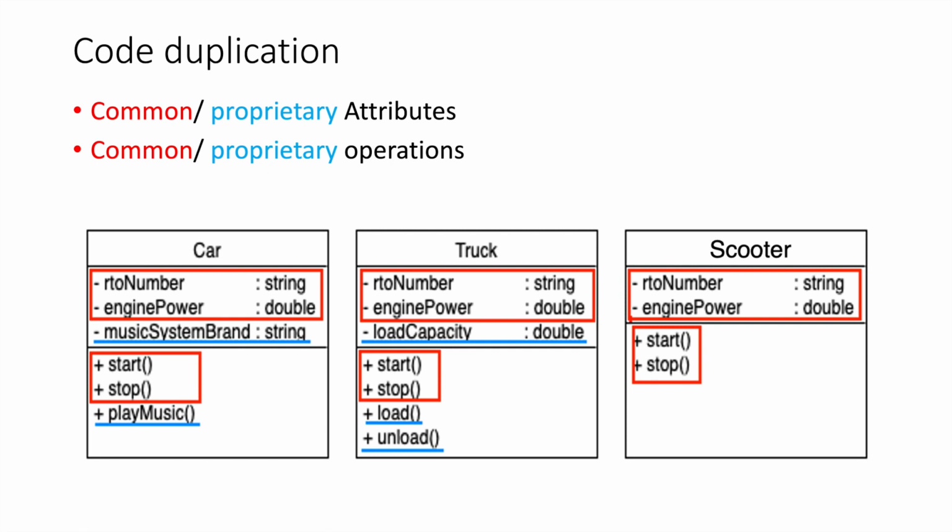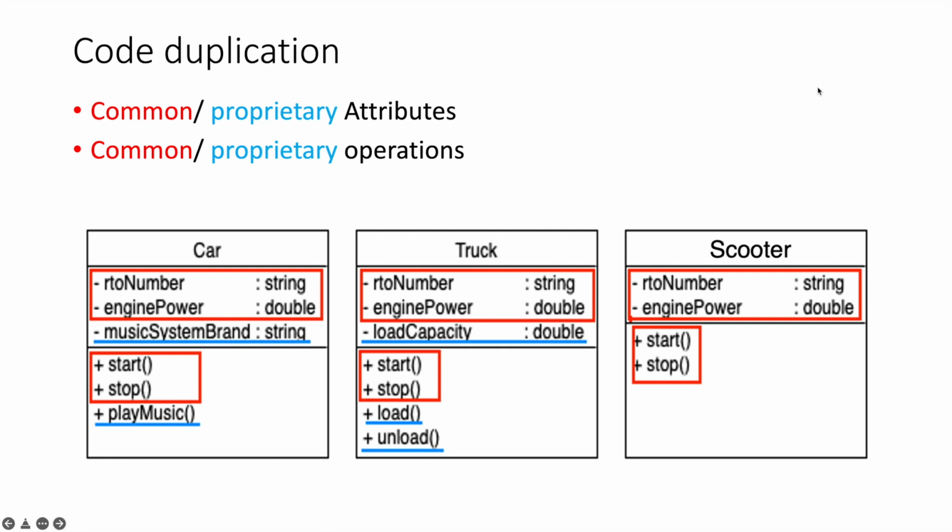Similarly, play music operation, load and unload operations are very specific to car and truck classes respectively. That is why you find that there are two types of attributes and operations. There will be certain operations and certain attributes which will be common to multiple classes, whereas certain operations and attributes may be proprietary for a given specific class.